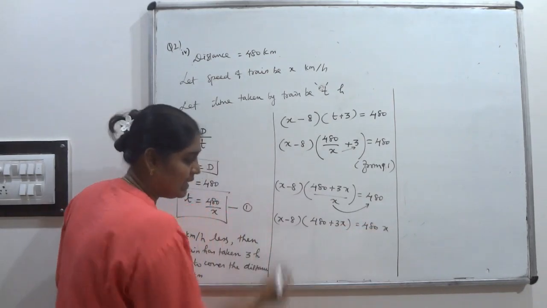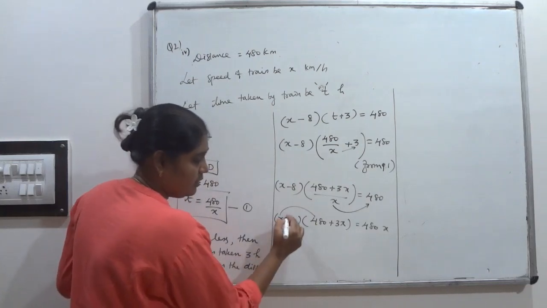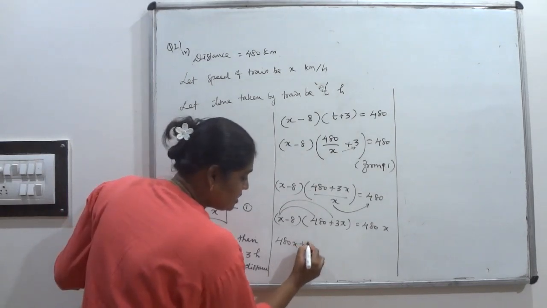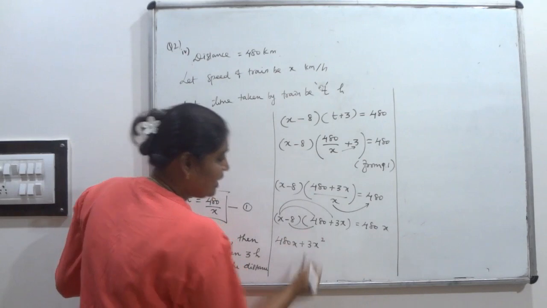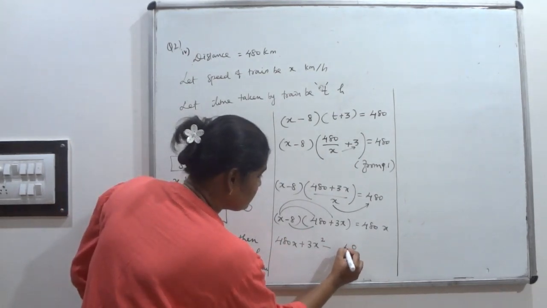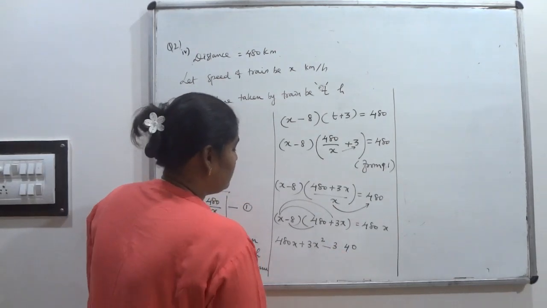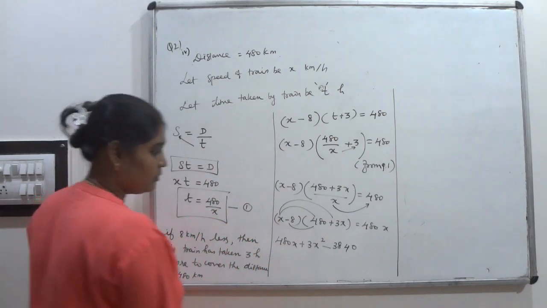Multiply this one: x into 480, that is 480x. x into 3x, that is 3x square. Minus 8 into 480, that is minus 3840.